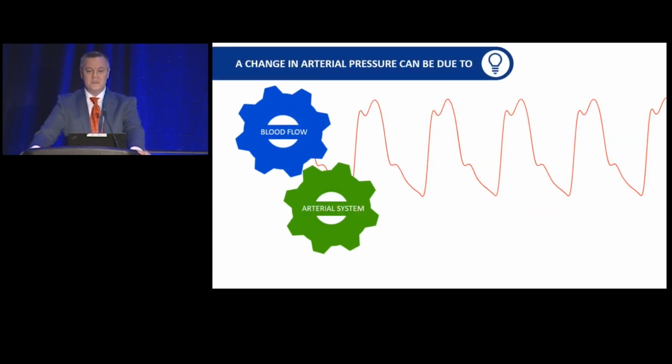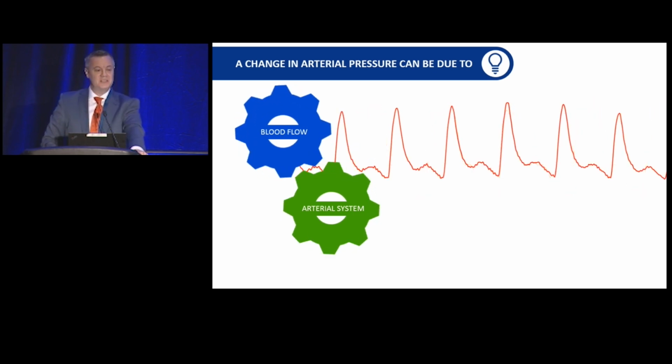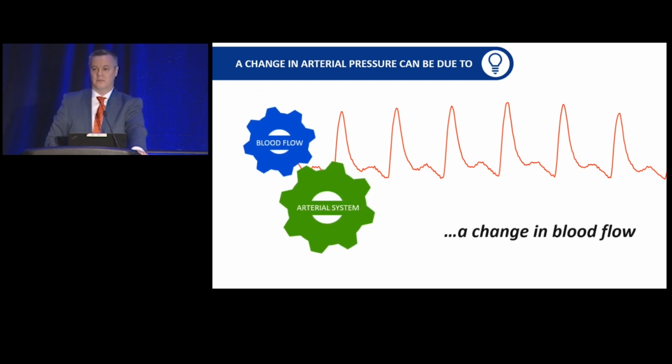So when we see a change in the arterial pressure, a decrease for example, on the bedside screen, we have to keep in mind that this change could be due to a change in blood flow, for example during hypovolemia, bleeding, even heart failure, pulmonary embolism.